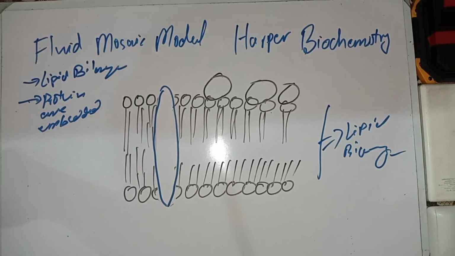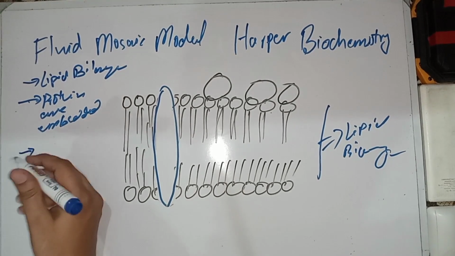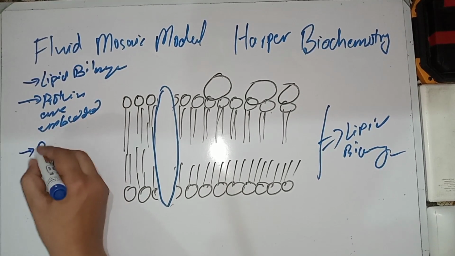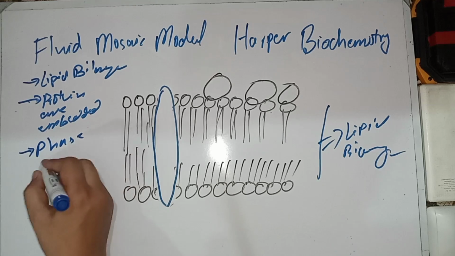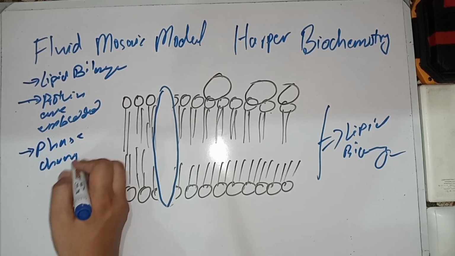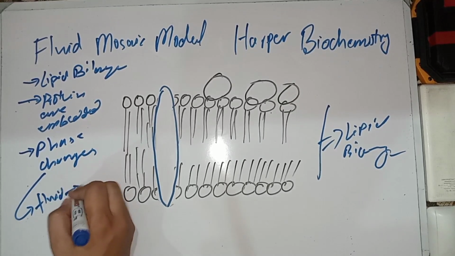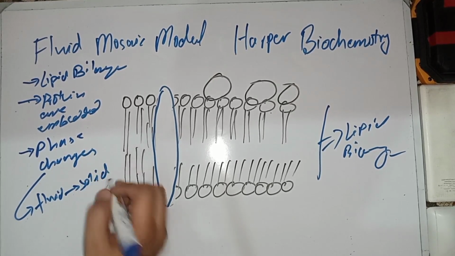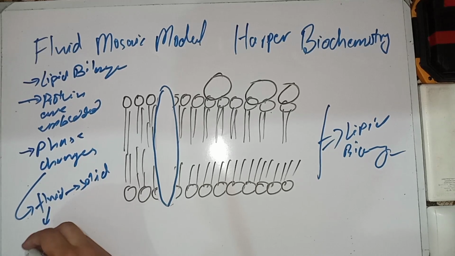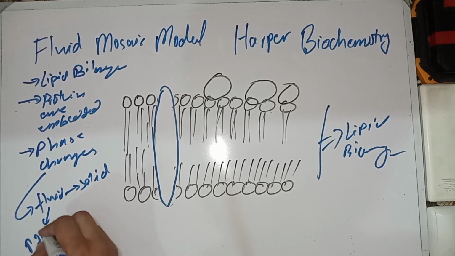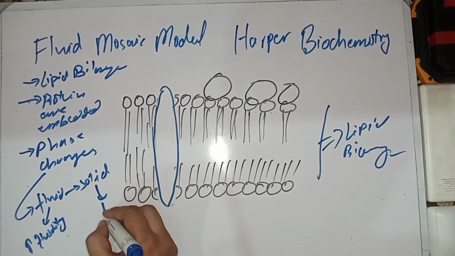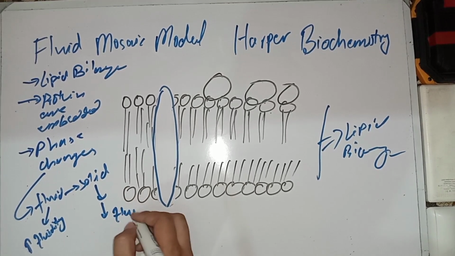However, this membrane shows phase changes. According to the fluid mosaic model, it changes its phase from fluid to solid or vice versa. Fluid means increased fluidity and solid state means decreased fluidity.